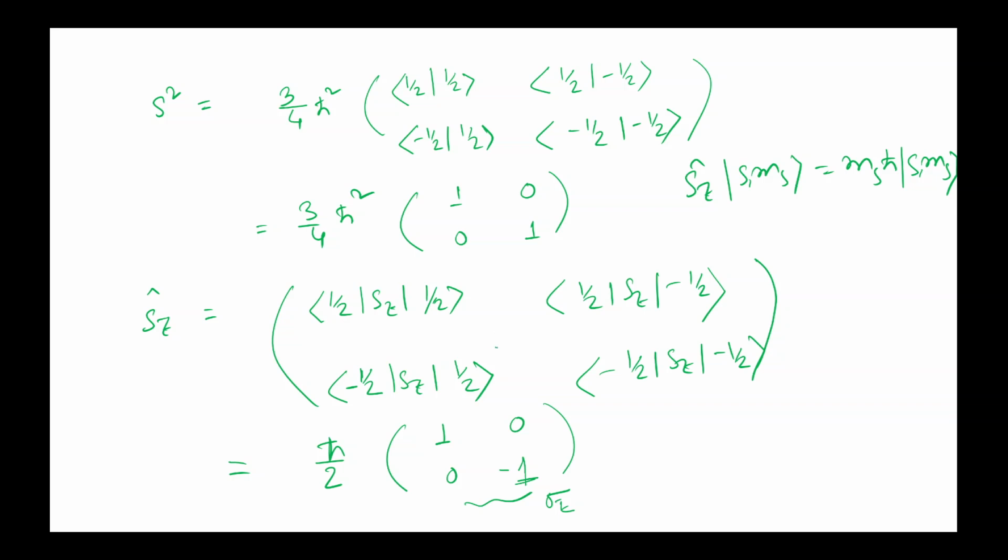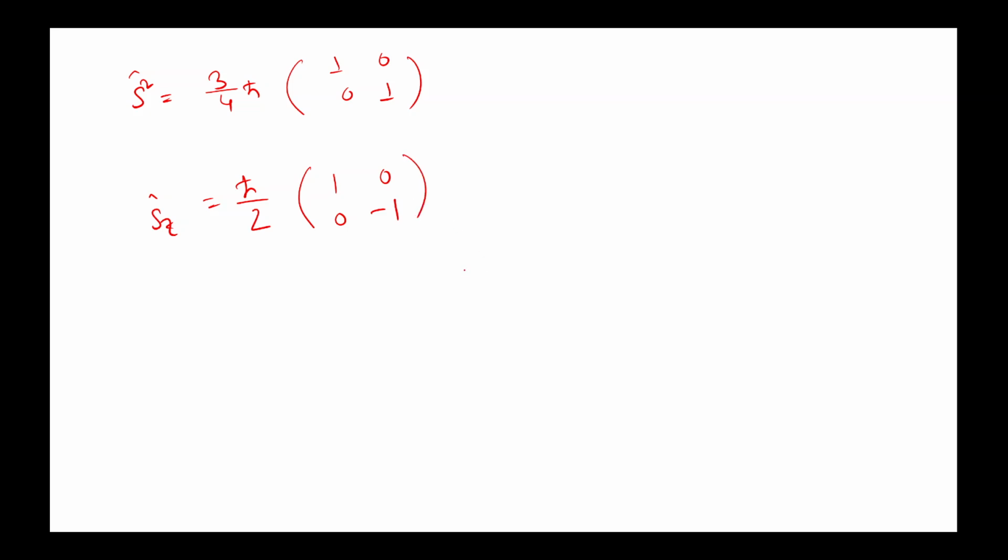So one thing is very clear, that you have written S square as 3 by 4 h cross times the matrix 1 0 0 1, and Sz as h cross by 2 times the matrix 1 0 0 minus 1, right?